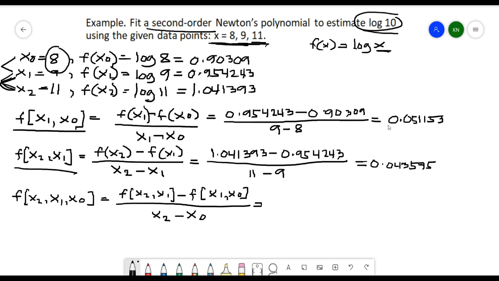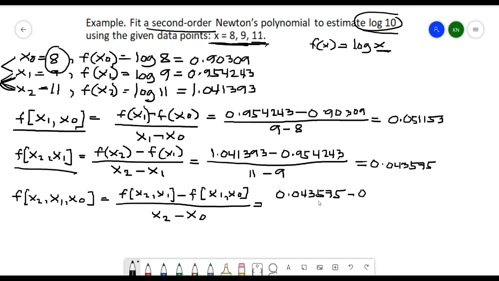So we need to substitute the results here in our equation. We have 0.043575 for x sub 2, x sub 1, subtracted by f of x sub 1, x sub 0.